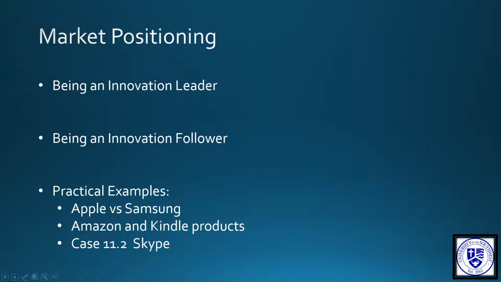The best way to illustrate this is to think about some practical examples that we currently see in the real world. A great example of the different innovation strategies in terms of market positioning is the recent battle over the last few years between Apple and Samsung in the cell phone marketplace.